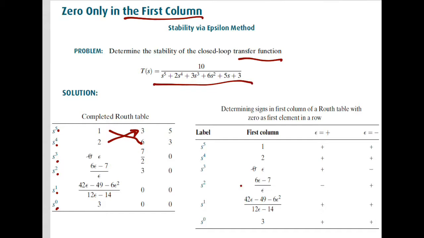One more point to take into consideration: when solving this, we first take the element of the second column, multiply it with the second row first column element, minus this into this.